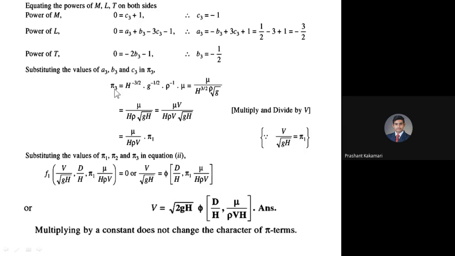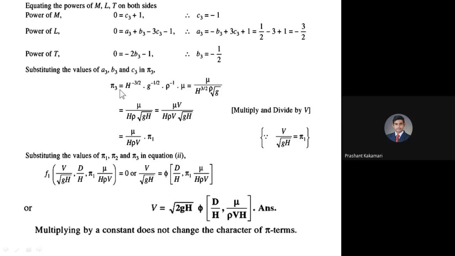Now from this one can find out c3 and b3 first, because only one unknown and one equation is there, you can solve it. So c3, once you find it, we are getting minus 1, b3 we are getting minus half, then a3 we are getting minus 3 by 2. Means what? All these repeating variables are in the denominator and the non-repeating variable is in the numerator.